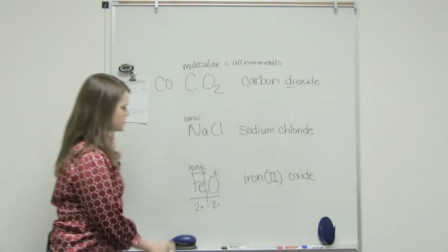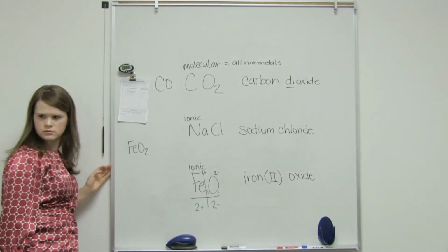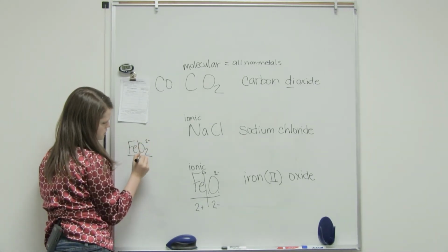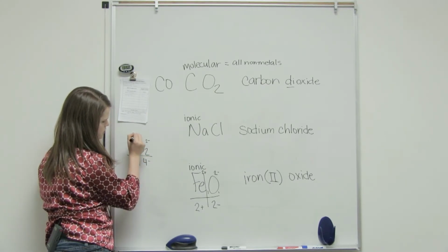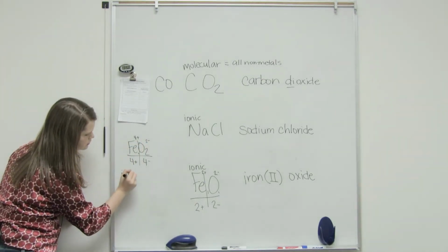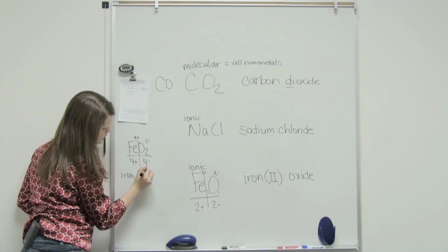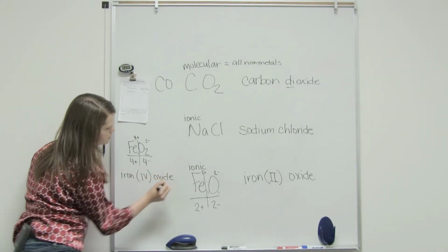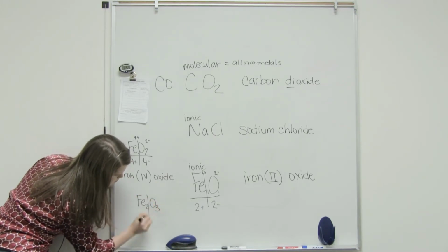Because I could also, another form is this. However, this time, since there's 2 and each one has a -2, this has a 4 negative, so that's a 4 positive, and there's one of them. So this time he's 4 positive. So he would be written iron(IV) oxide. Or we can also do it with Fe2O3.